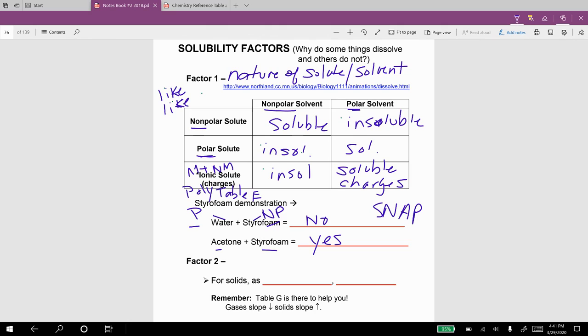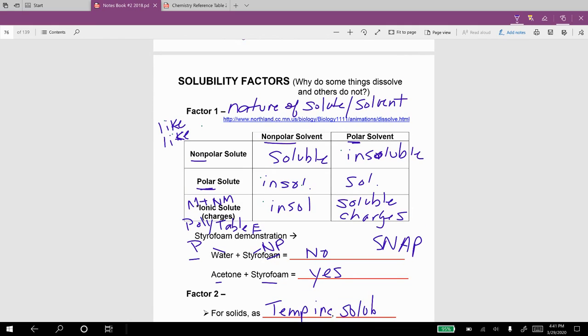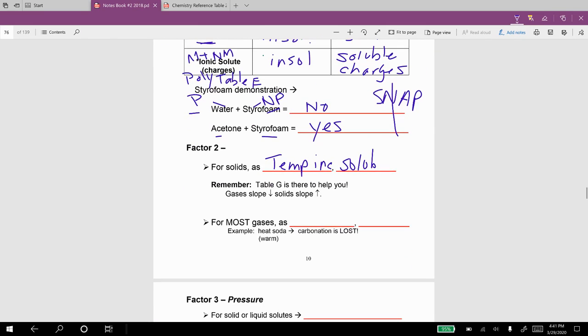Okay, so for solids, the main factor is temperature. As temperature increases, the solubility, oops, now I got to fix that. Let me just go all the way up here. The solubility increases.